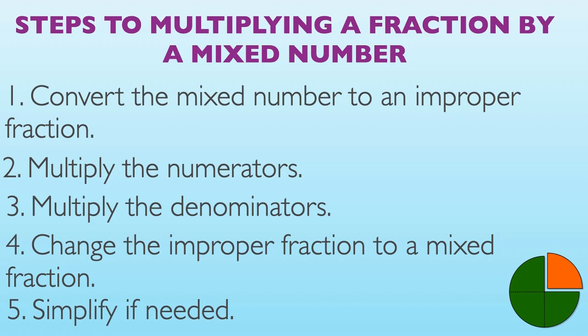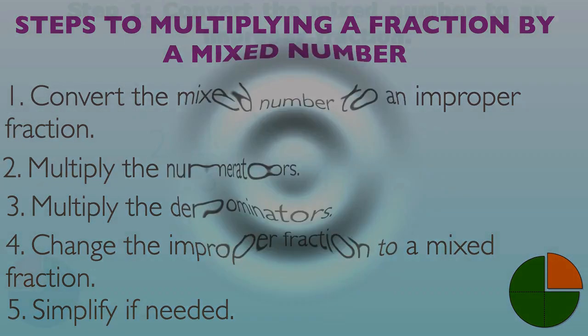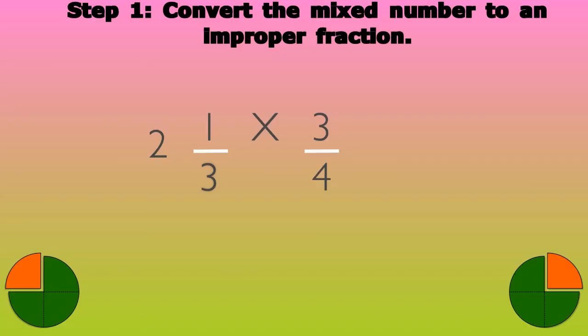And of course, we simplify the fraction if needed. So, let's take a look at this. Here, we have 2 and 1/3 multiplied by 3/4. Our first step tells us to convert that mixed number to an improper fraction. So, 2 times 3 is 6, plus 1 is going to give us 7. So my new fraction is now 7.